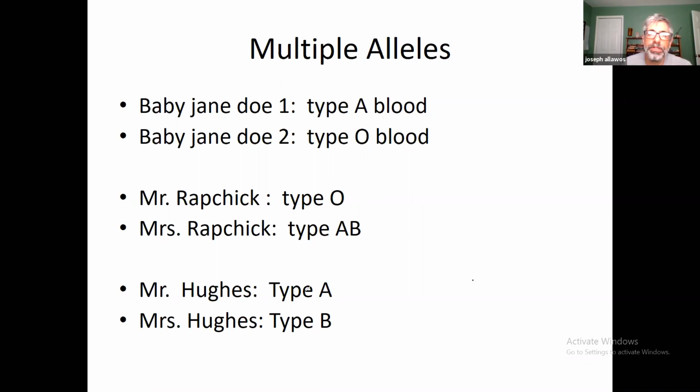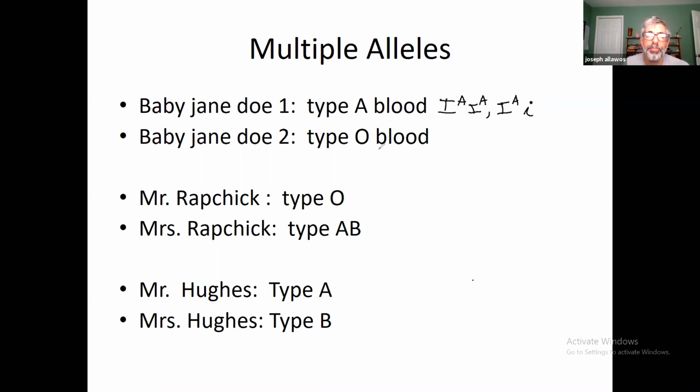The way to approach this is to turn the blood type into genotype or genotypes, okay? So for example, if baby Jane Doe number 1 has type A blood, do we know for certainty what baby Jane Doe's genotype is? Well, not yet, but we could say it could be that baby Jane Doe is homozygous dominant type A, or baby Jane Doe could be heterozygous type A. Either one is a possibility.